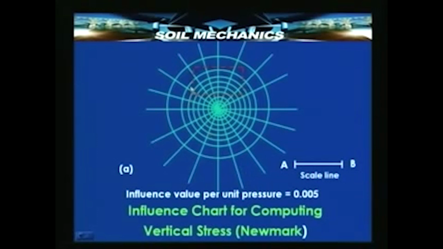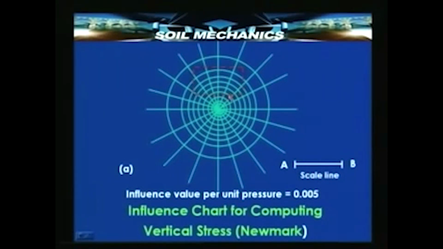This means that suppose we have a rectangular area similar to the red area depicted in this figure, then every small area that comes within this rectangular area corresponds to an influence value of 0.005.